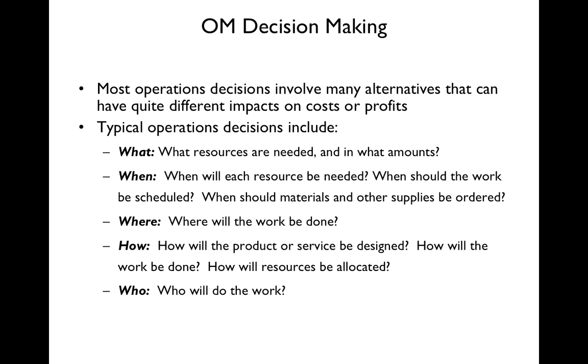What resources are needed and in what amounts? When will each resource be needed, when should the work be scheduled, when should materials and other supplies be ordered? Where will the work be done? How will this product or service be designed, how will the work be done, how will the resources be allocated? And who will do the work? Those are all decision-making questions.